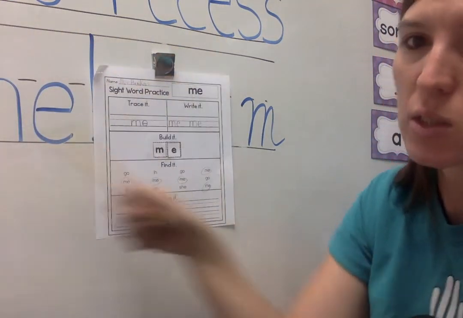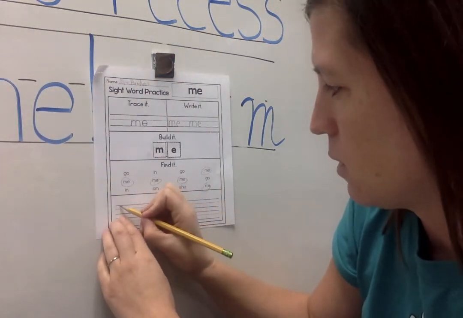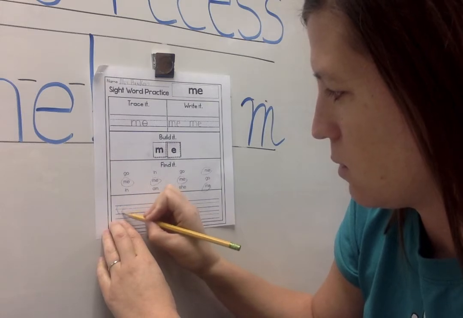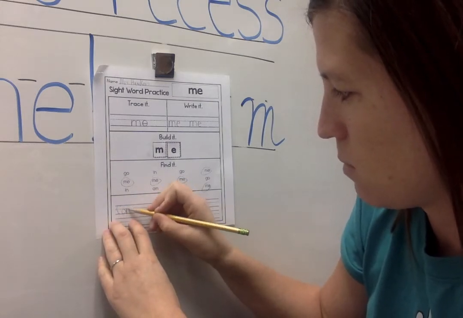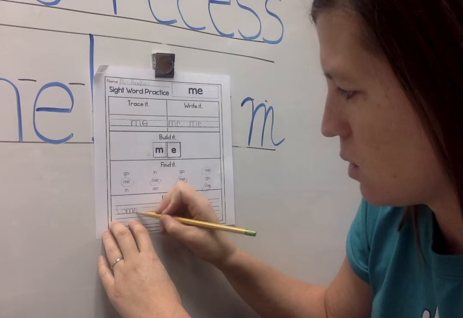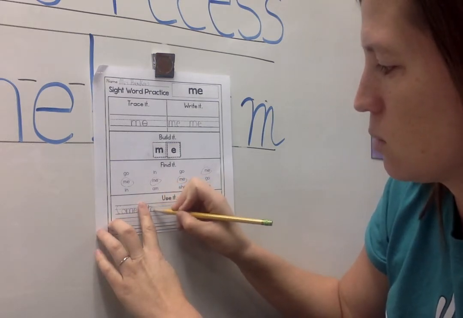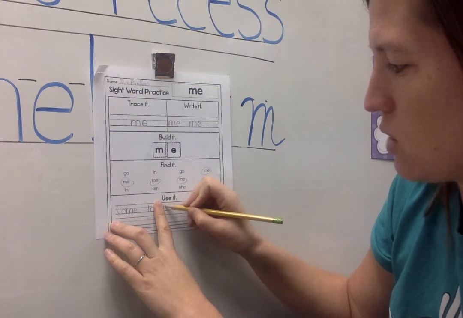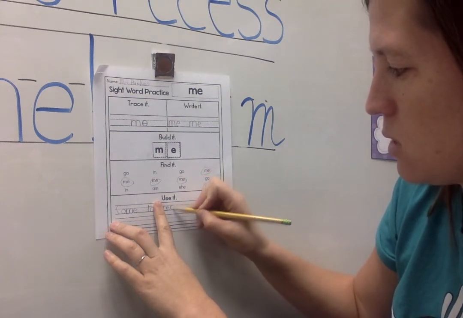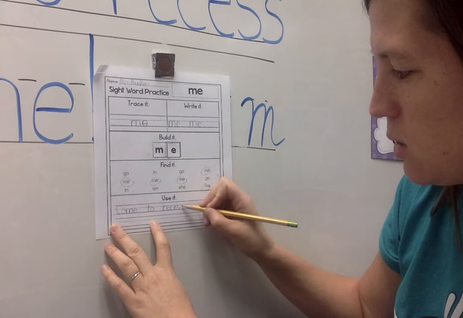Sentence. Come to recess with me. C-O-M-E. Come play ball with me. Come, finger space, to, finger space, recess, R-E-C-E-S-S.